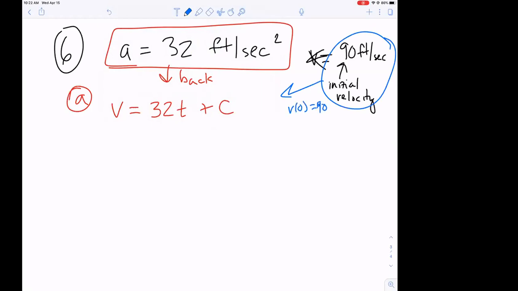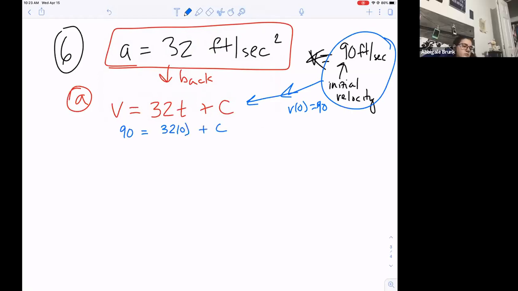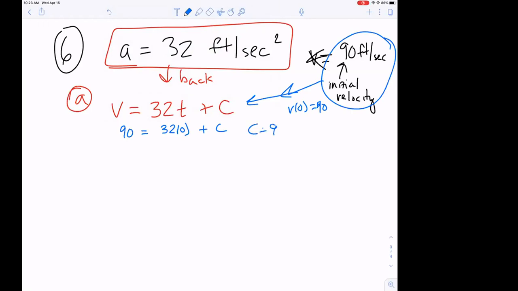Is that okay? So this 90 feet per second is not a v equation. It's not like v equals 90. It's actually saying that in this equation, you can plug in 90 for v and 0 for t and find c. Is that okay for everybody? So then c equals 90, right?